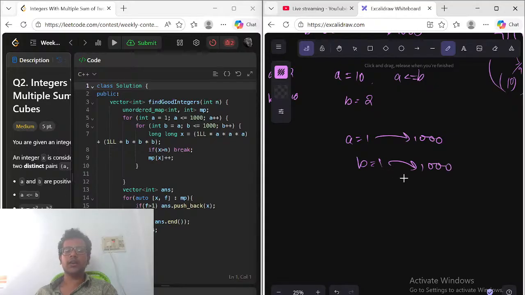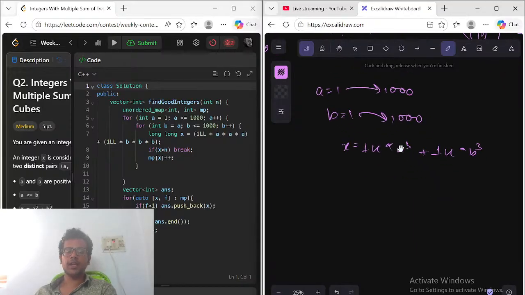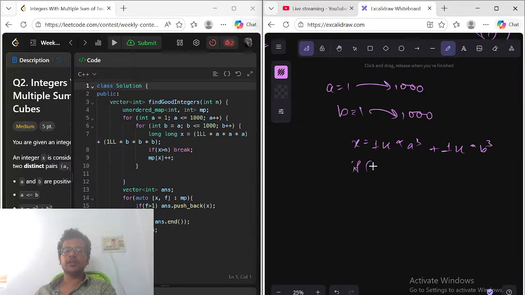Now what I'll do, I'll just compute the sum with x is equal to 1 long long into a cube plus 1 long long into b cube. That's what I get as x. If this x is greater than n, then just break. Then MP of x plus plus. Now I'll tell you what happened here.